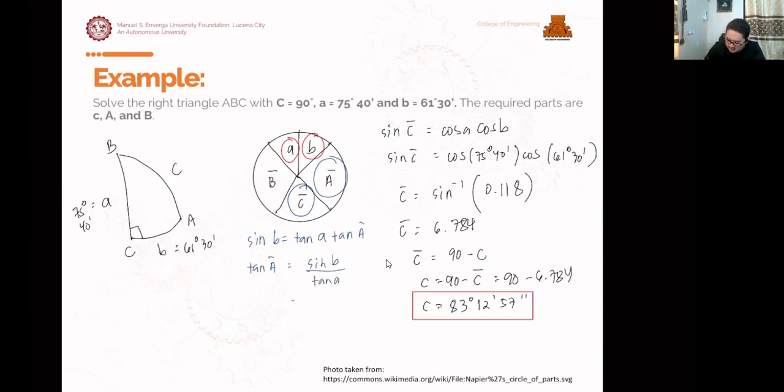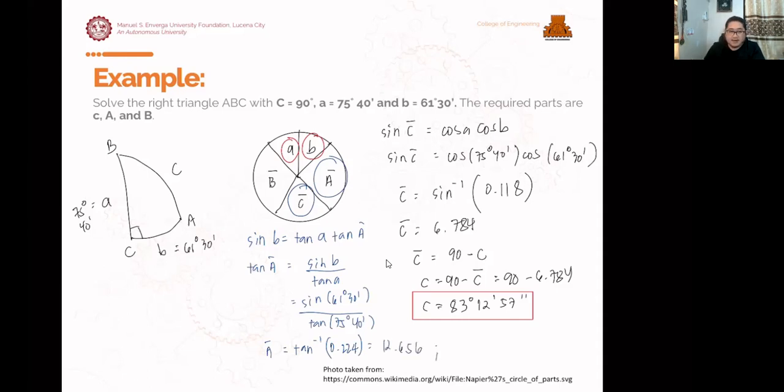It is equal to sine B over tangent A. So, just substitute: sine 61 degrees, 30 minutes over tangent of 75 degrees, 40 minutes. Then, to get bar A, take the inverse tangent of that value. That is 0.224. Then the inverse tangent of that will be 12.656.